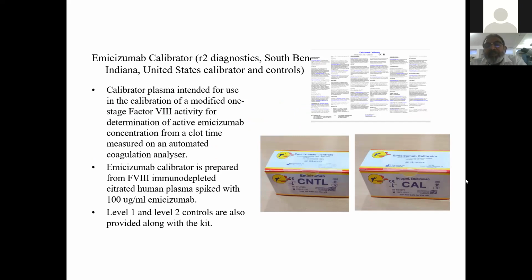The value of the emicizumab calibrator has been assigned. It usually will not be close to 100%. I think in this particular vial it was some 95%. And that's a calibrator, and they also make controls, again by spiking 2 different levels of emicizumab into factor deficient plasma. So level 1 and level 2 control.